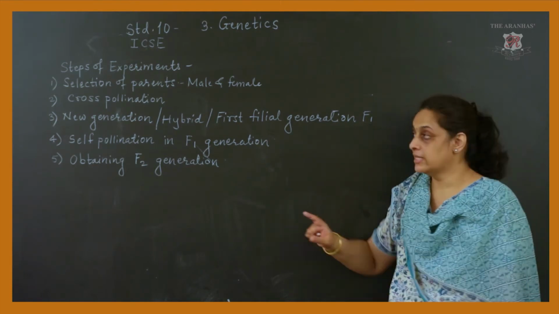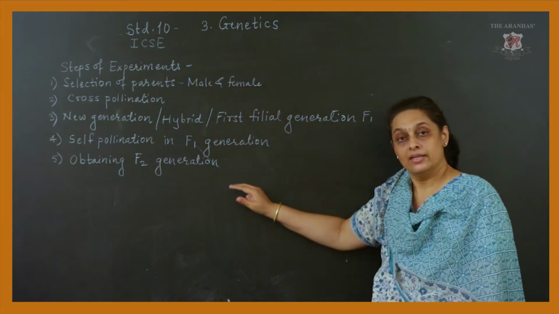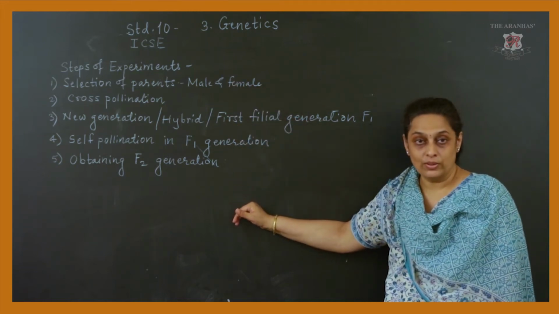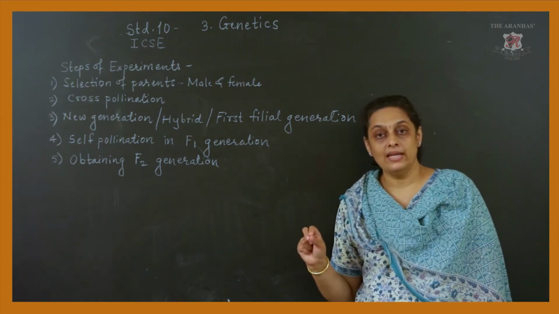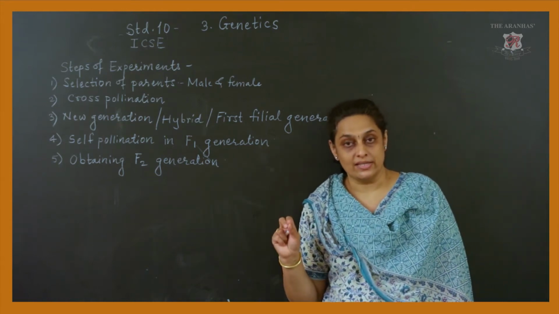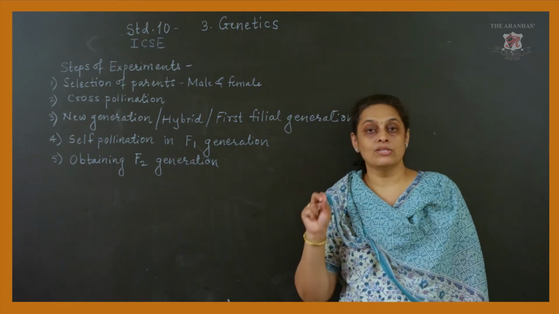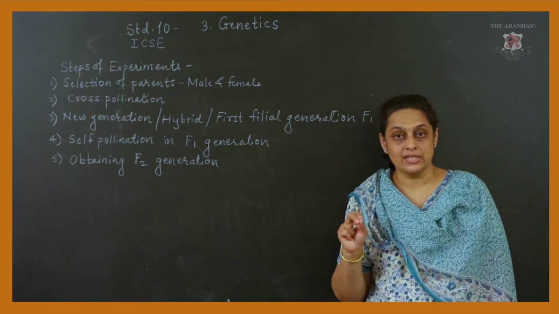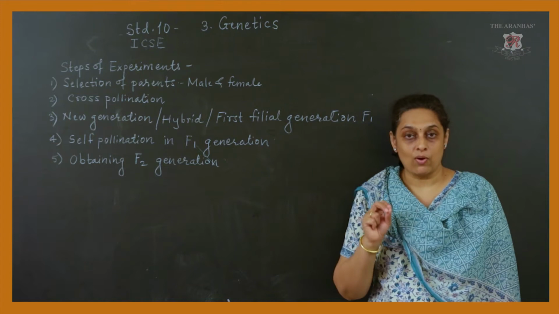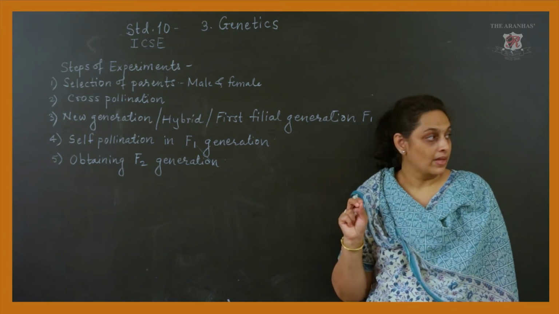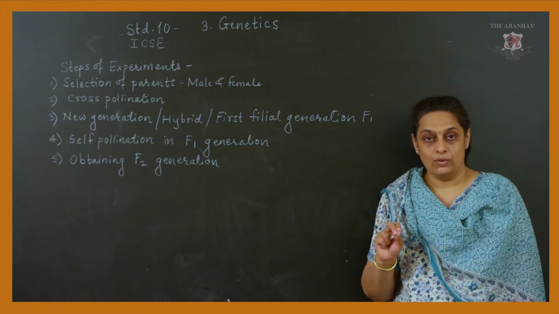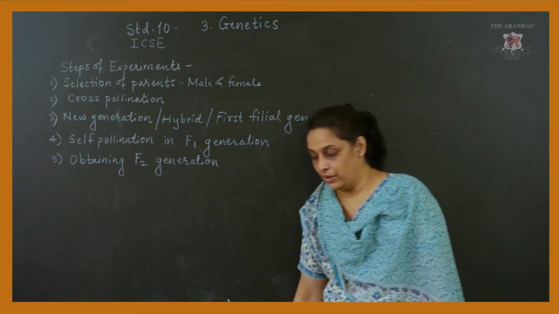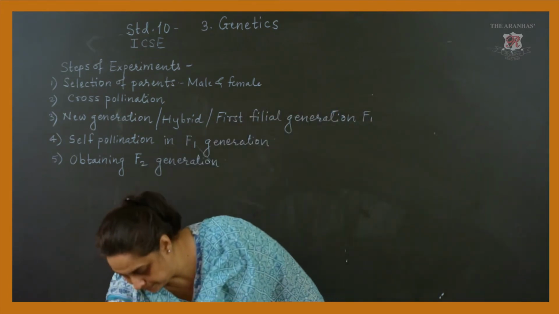So this is how in short steps were carried out, and every time Mendel properly formulated his results, and all those results and observations were properly recorded by him. I am sure you must have understood till here. Now moving on to next thing.